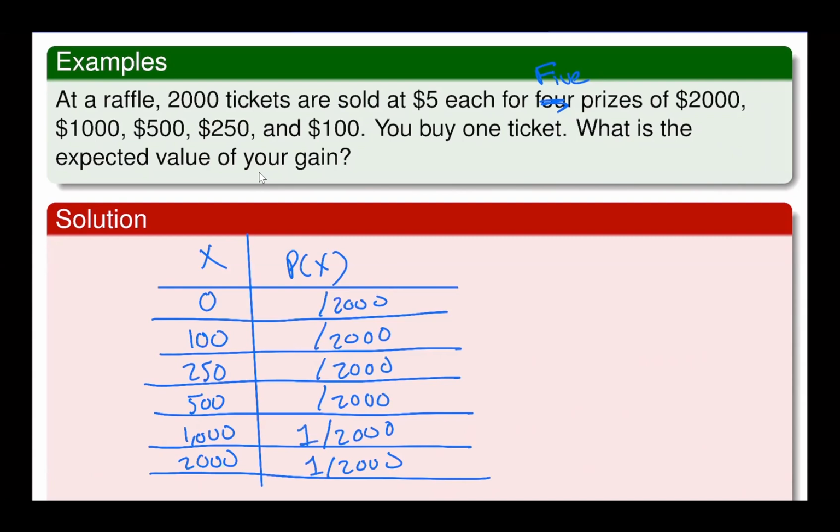What about $500? 1. Cool. So all ones over here. How many people are going to win nothing? 1,995. Perfect, thank you. If you do 2,000 minus the 5 prizes, you get 1,995. All right. Everybody good with that so far?